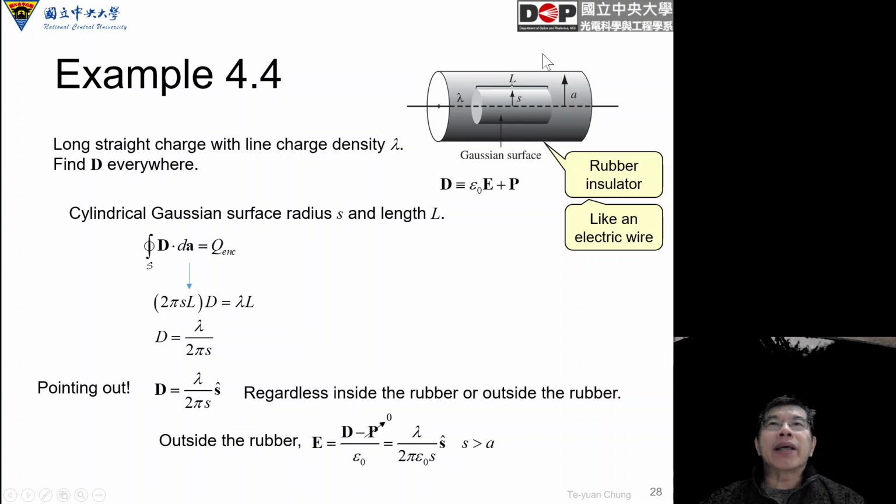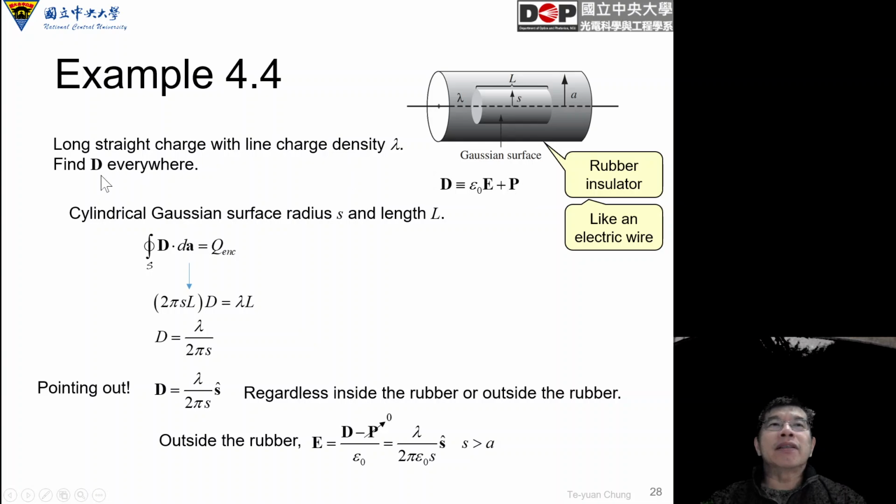So outside is just plain space or vacuum, and within is a piece of rubber. Now it would be difficult to deal with. But the problem asks us to find D everywhere, because D doesn't care about the material that contributes to the induced dipoles, making the thing polarized.